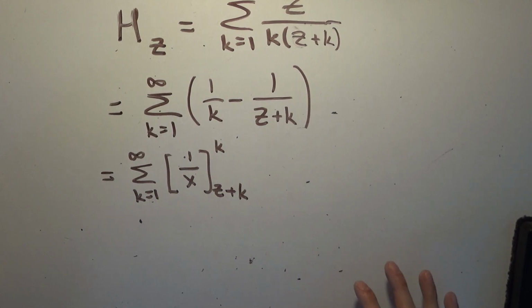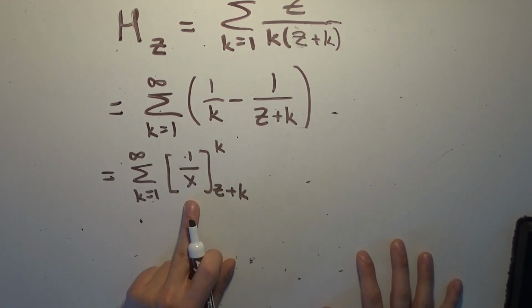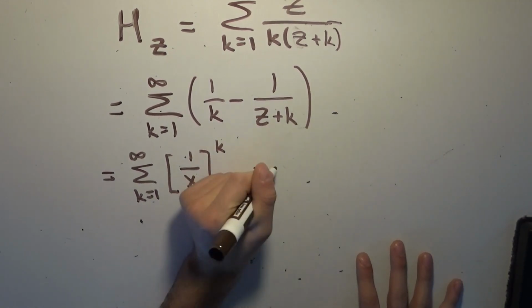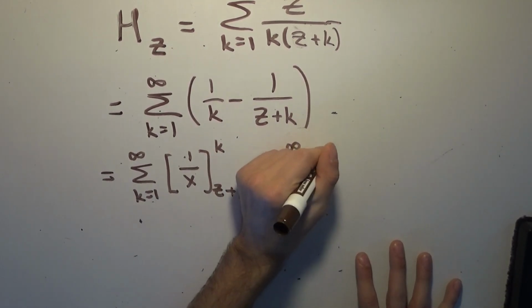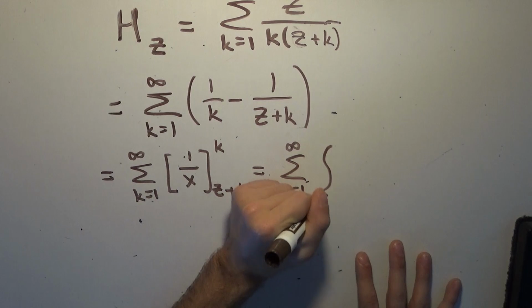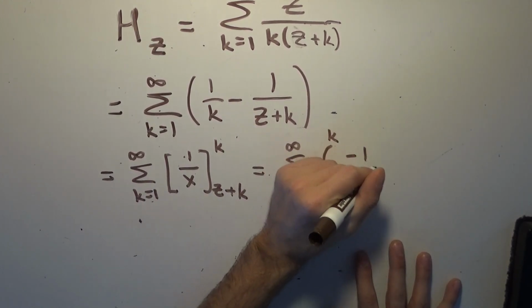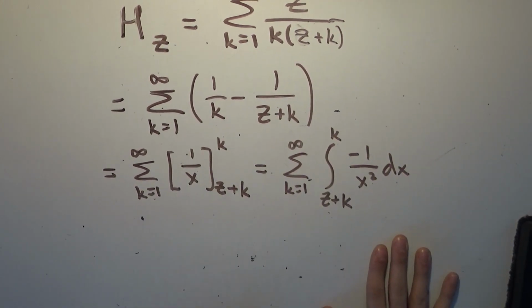Exactly like you would write the answer to an antiderivative. But we know what the antiderivative of 1 over x is. It's negative 1 over x squared, right? So we can write this as the sum from k equals 1 to infinity of the integral from z plus k to k of negative 1 over x squared dx. Right? I hope that's clear what I just did there.